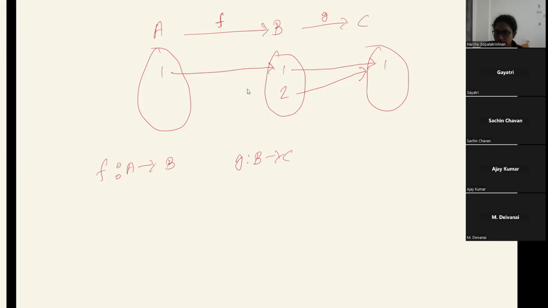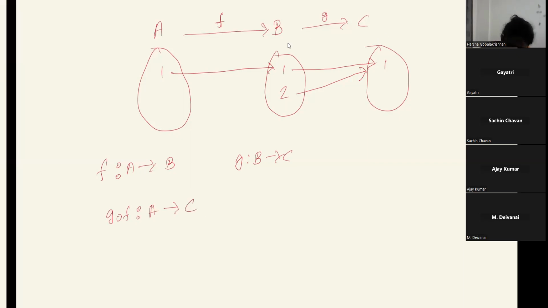So first of all, is this a function, both F and G? Is F a function? Yes. And G? Yes, it is also a function. Both F and G are functions. Now, what is G composite F? G composite F is from A to A, right? Sorry, A to C. But here A and C are the same set {1}.